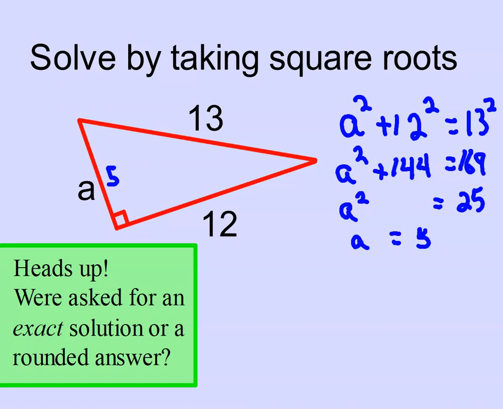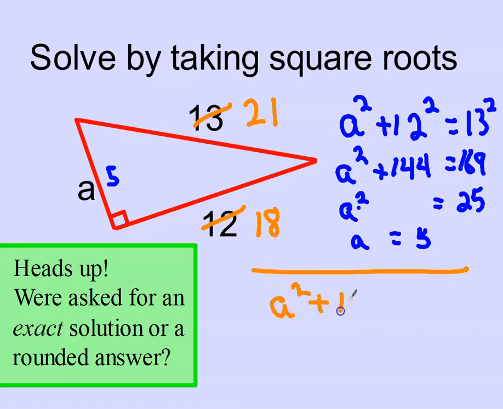But if you'd had, say, numbers here that were, let me change this to, I don't know, 18 and 21, then we would have said, look, a squared plus 18 squared is 21 squared. When we solve this, let's see, 18 squared, that's 324. 21 squared is 441.